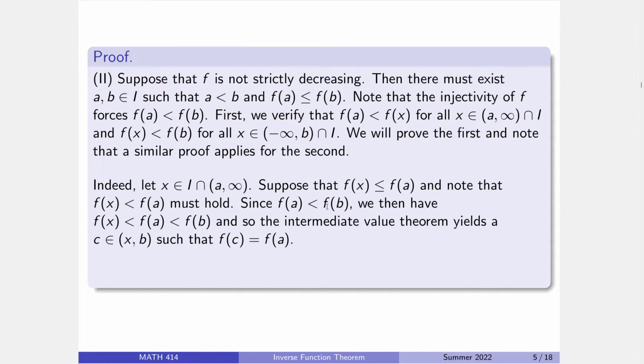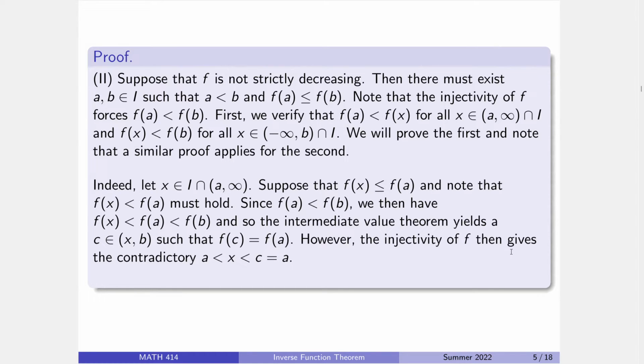Now, f of a is strictly less than f of b, so f of a lives between f of x and f of b, so by the intermediate value theorem, I can find something between x and b, so that f of c equals f of a. But by injectivity, f of a equaling f of c forces c equal to a, and then we get, once again, our all-time favorite contradiction: a is strictly less than itself. And there we go. It's got to be that f of a is strictly less than f of x.